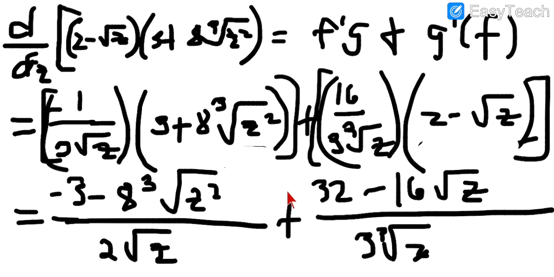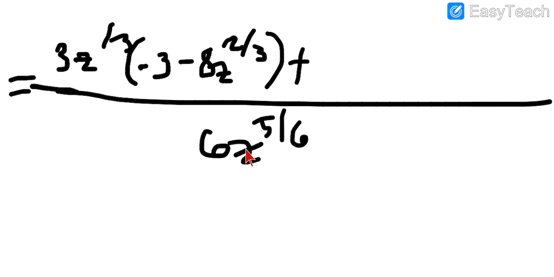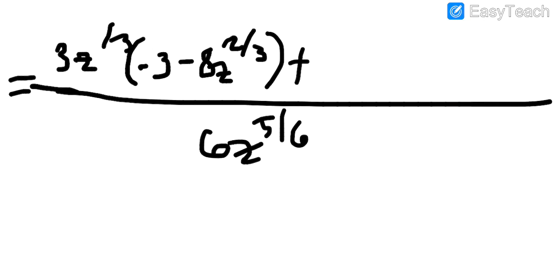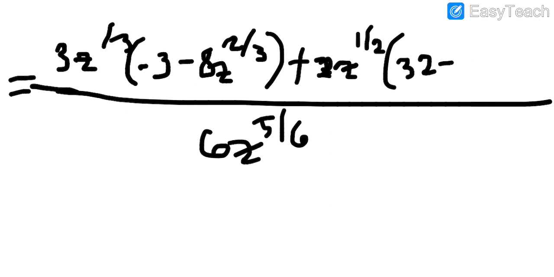Next, 6z raised to 5 over 6 divided by 3 cube root of z is equal to 2 square root of z, or 2 times z raised to 1/2, times 32 minus 16 z raised to 1/2.